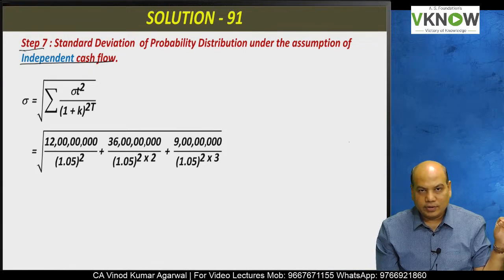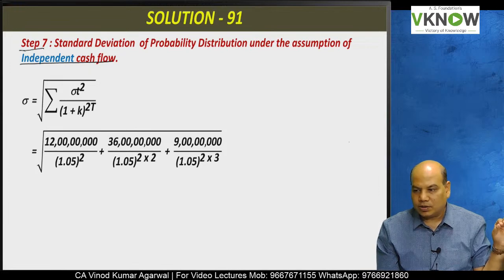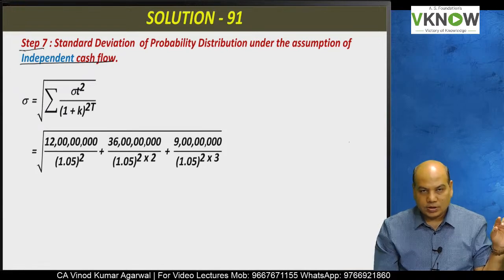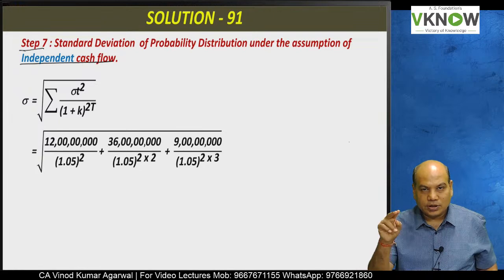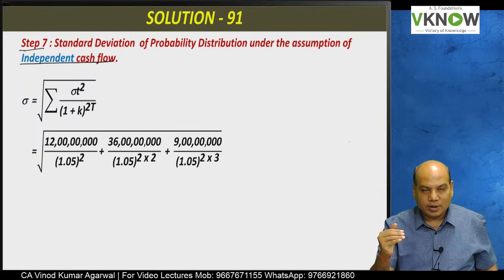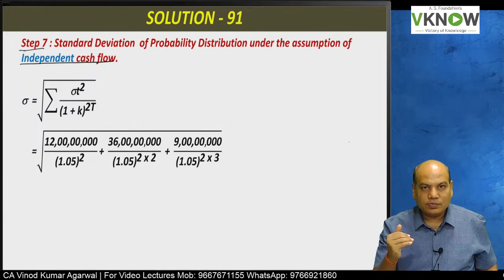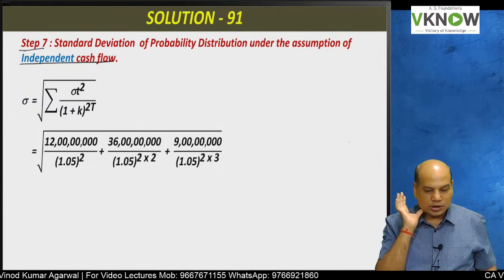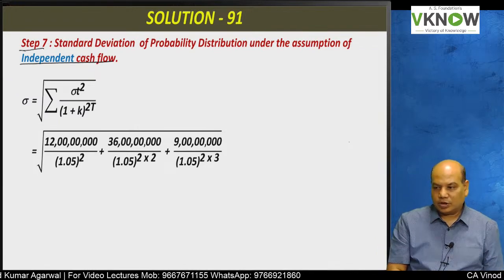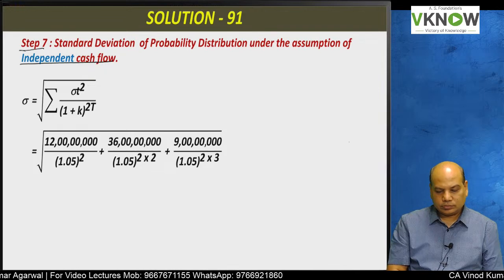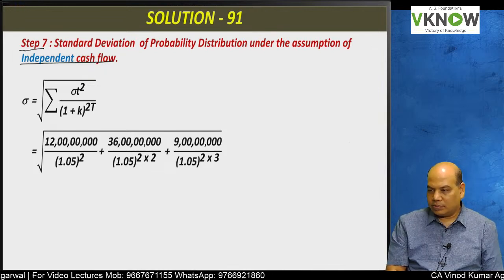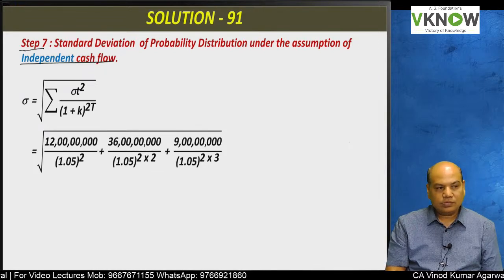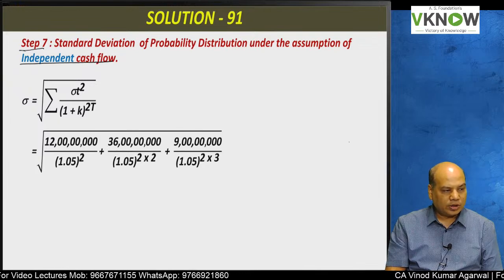Divide by 1.05 to the power 2, plus in the second year it was 36 crore. Divide by 1.05 to the power 2 into 2. In the third year it was 9 crore. Divide by 1.05 to the power 2 into 3.